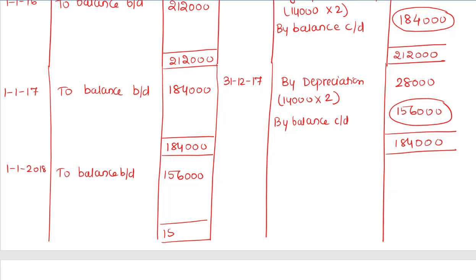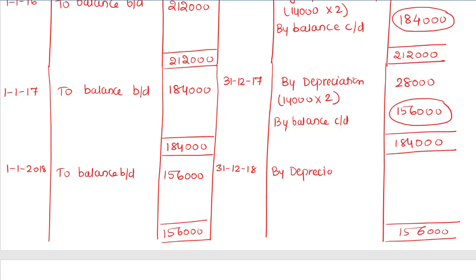Let us do the totals over here. 1,56,000 would be the totals. Now the closing, so 31st December 2018. We need to calculate the depreciation.